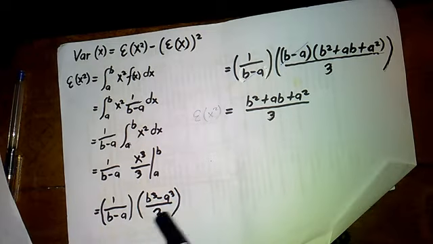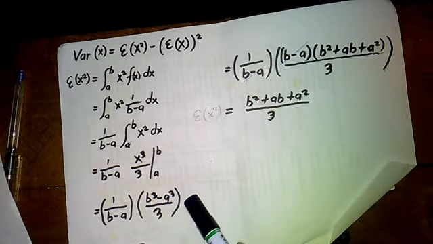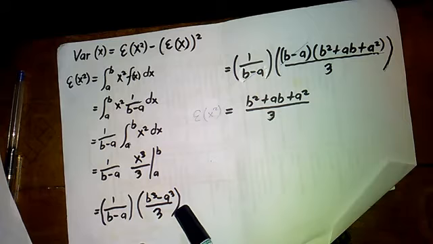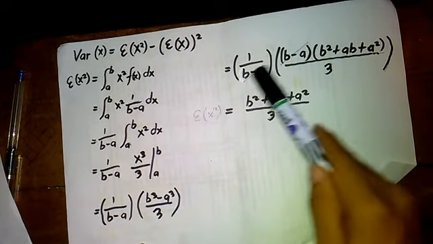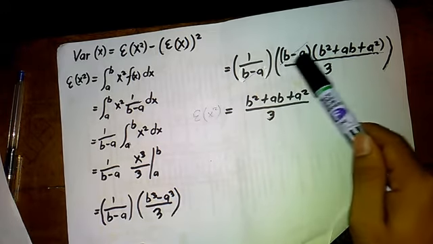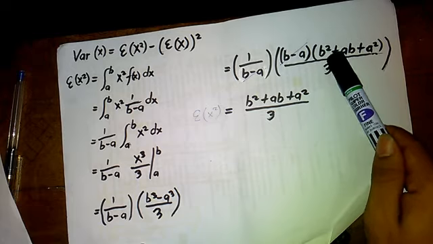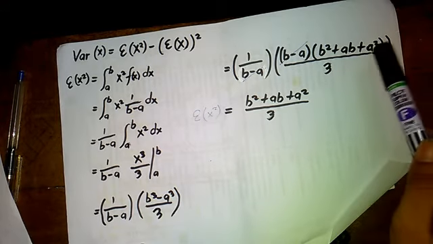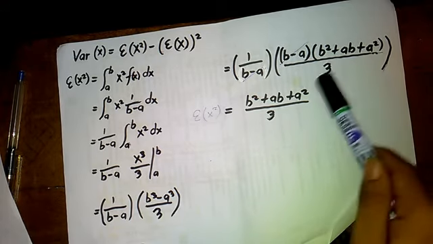Now we evaluate it, and we have 1 over b minus a times b cubed minus a cubed over 3. We know that b cubed minus a cubed is a difference of cubes. So we have 1 over b minus a times b minus a times b squared plus ab plus a squared all over 3.